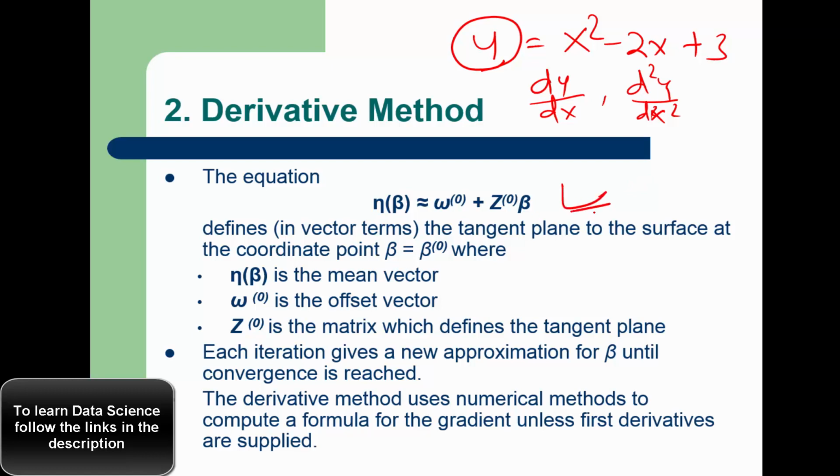So here is the equation, and the tangent plane to the surface. Tangent plane is nothing but the first derivative at a coordinate point beta equal to beta naught, where we have got a mean vector and then offset vector, and then there is a matrix which defines the tangent plane. Each iteration gives us a new approximation of beta until convergence is reached.